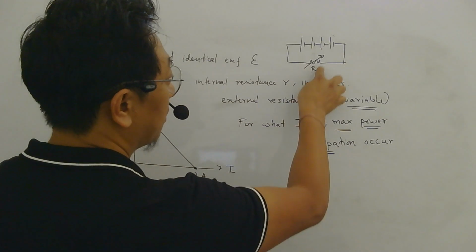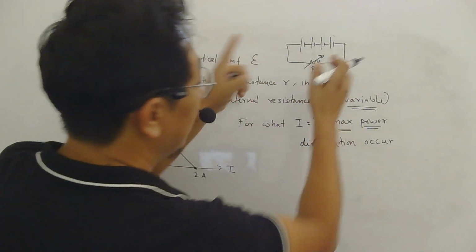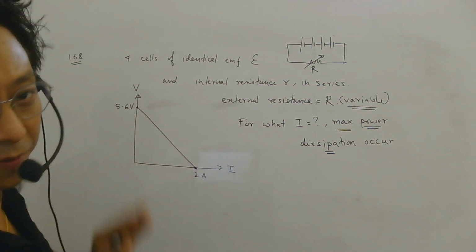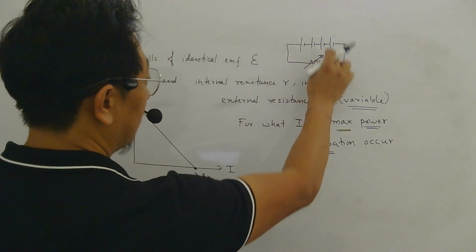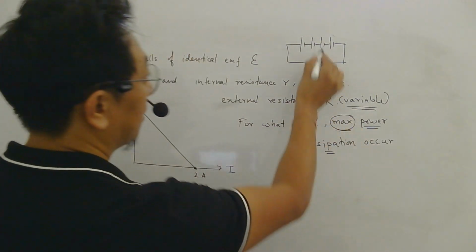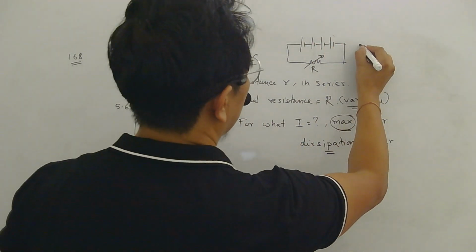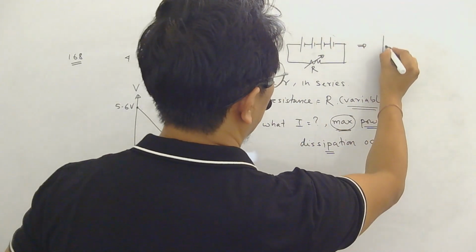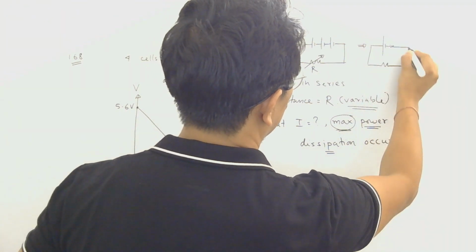Now a graph between the terminal voltage across the combination is given with respect to current. Obviously when you change capital R, current will change. As current will change, terminal voltage here will change. This is the graph. Okay. Now they want the current in the circuit when the power dissipated is maximum in this circuit. Now if 4 cells are in series, we can replace it by 1 cell and 1 internal resistance, isn't it?